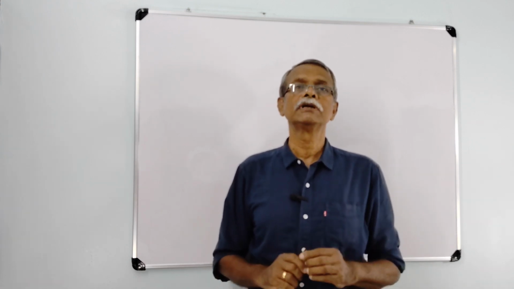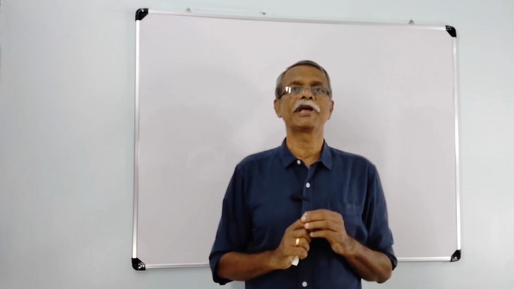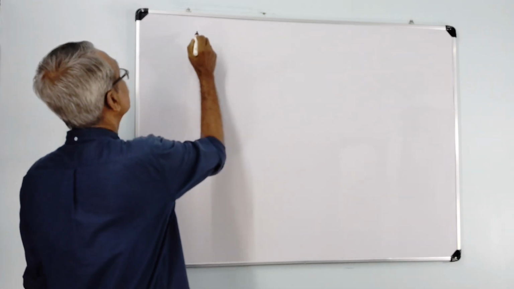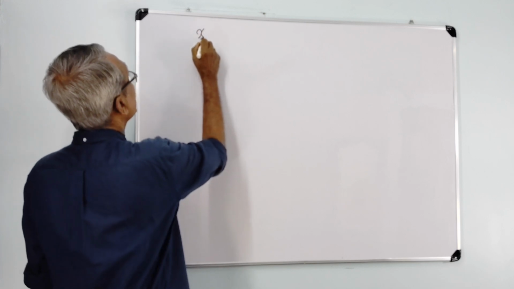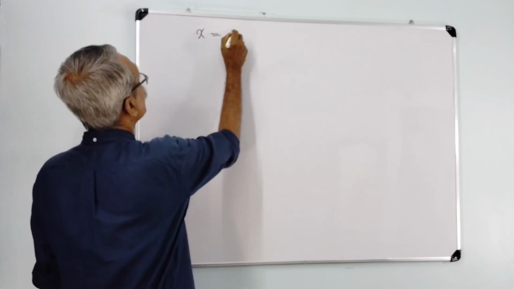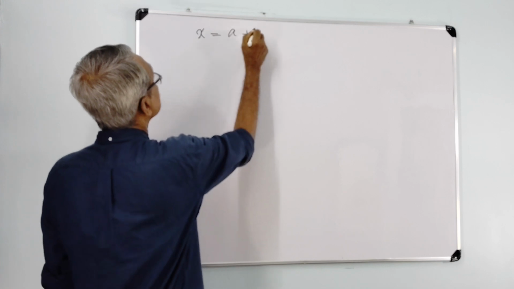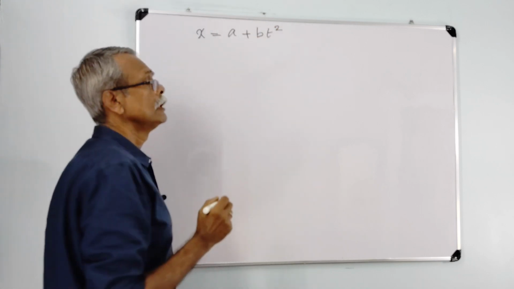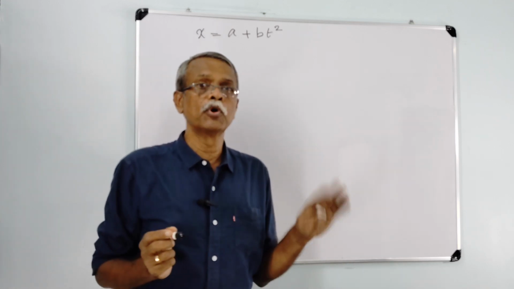We will start with a particular situation where the position of the particle is given by an equation like this: x equals a plus b t squared. We will analyze this motion.